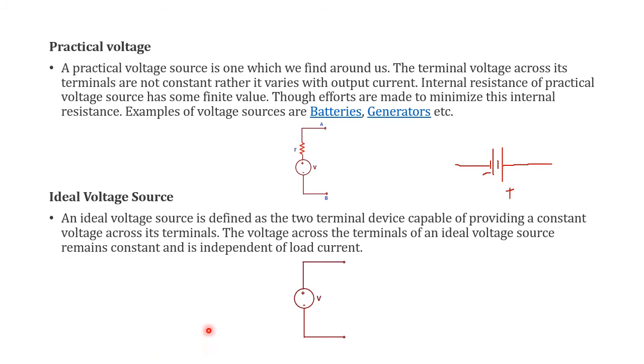In the practical situation, in between these two terminals there will be some value of resistance. That resistance is what we call the internal resistance. But for the ideal condition, that resistance value should be negligible or it should be zero. Mostly it should be zero, but practically it should be negligible. So this is the main difference between practical voltage sources and ideal voltage sources.